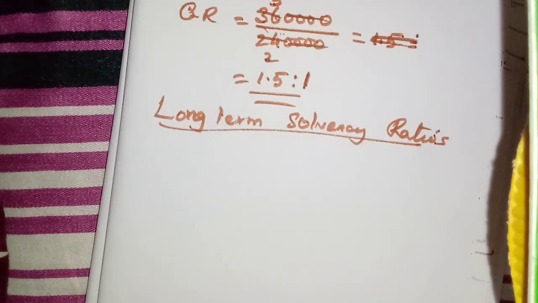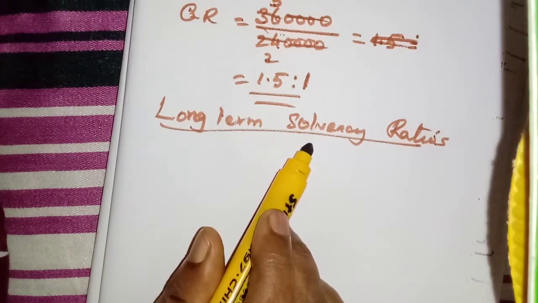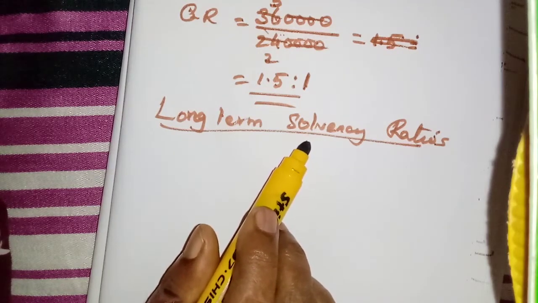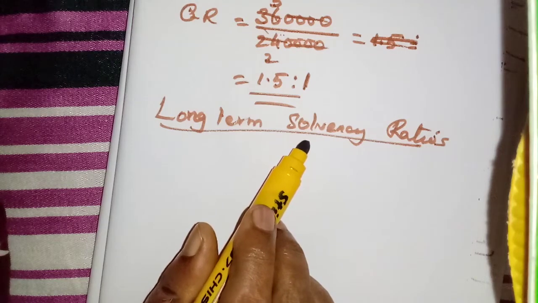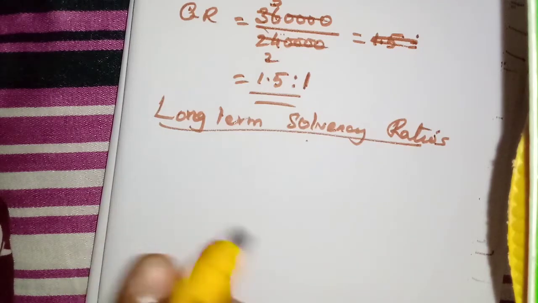Now we are going to learn the firm's ability to meet its long-term liabilities. That means the long-term loan it has, and whether the fixed assets are enough to pay back its long-term liabilities. Here we have three ratios.